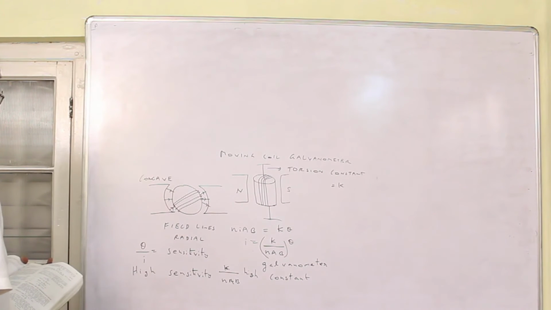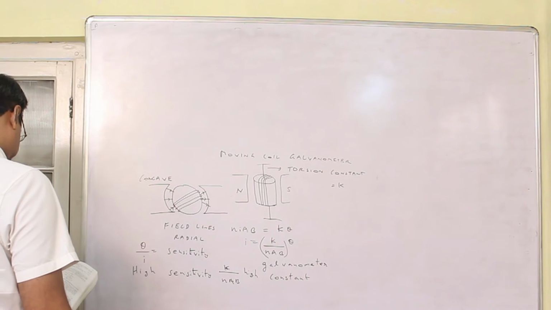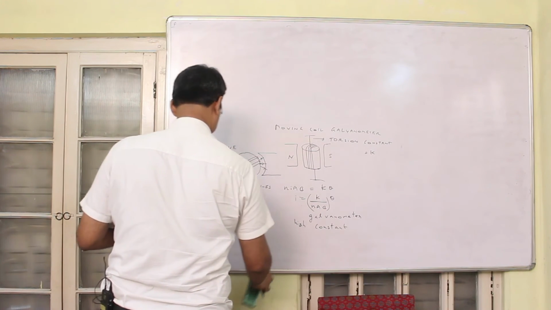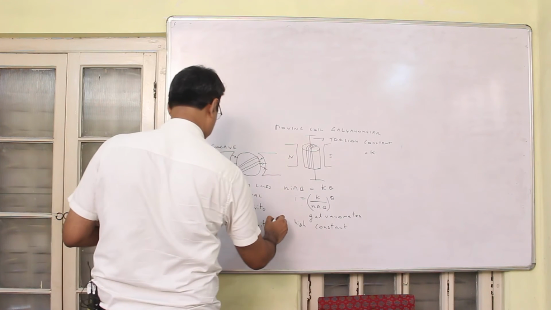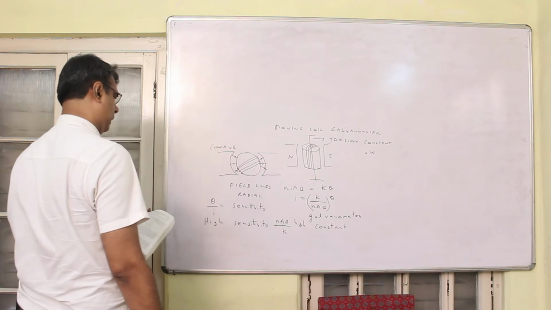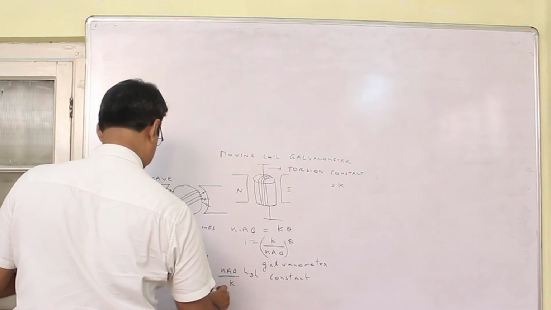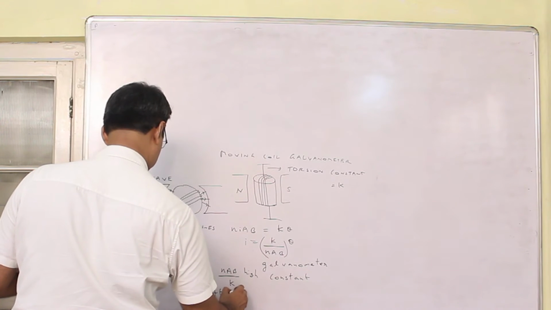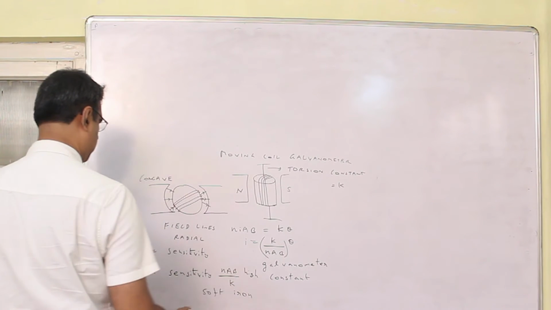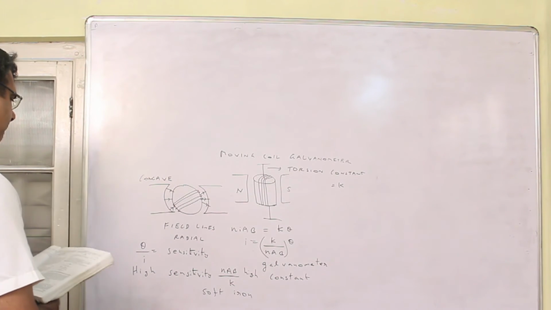So NAB divided by K should be high. This can be ensured because of the soft iron. The soft iron ensures that the value of B is high and therefore the sensitivity is also high.